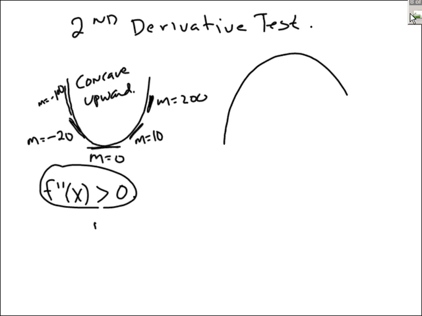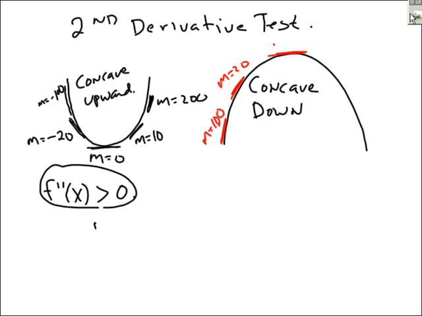An upside down U. This is said to be concave downward, or concave down. Now let's look at the slopes. Here, the slope is very positive. Say it's 100. Here, the slope is less positive. Let's call it 20. Here, the slope is neutral, it's 0. Here, the value of the slope is negative, say negative 10.